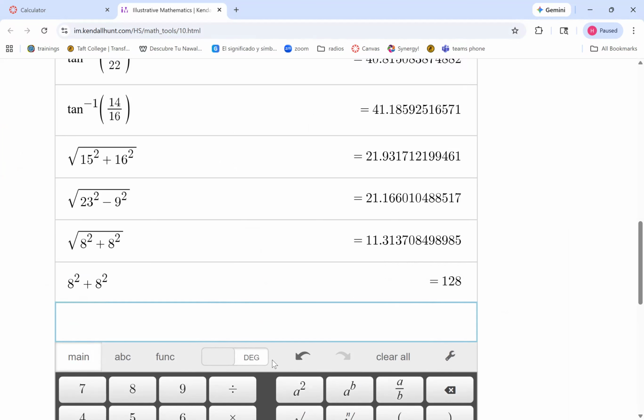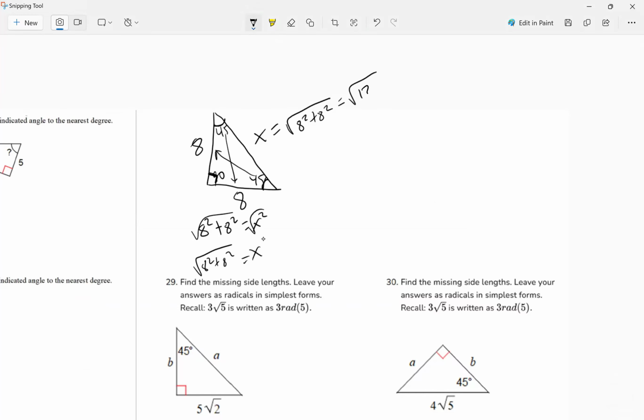Let me come back to here. So this is the square root of 128. Well, how can I simplify radicals? One thing is I have to remember my perfect squares. What's a perfect square? The square root of 4, the square root of 9, the square root of 16, the square root of 25. The perfect squares are square roots that give me a whole number.